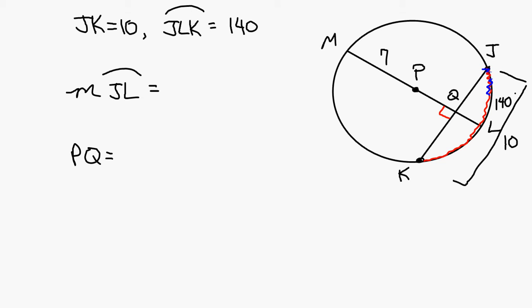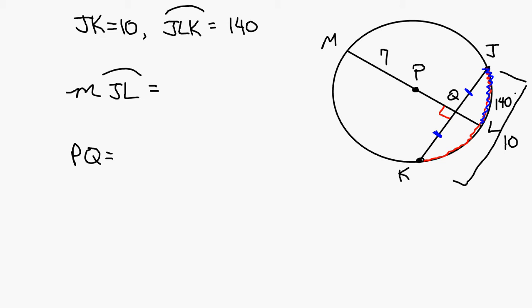Well, you just wrote down a rule that said if a diameter is perpendicular to a chord, then it bisects the chord and its arc. So you've got a diameter, M to L, that's perpendicular to a chord, JK. Since they're perpendicular, then the diameter bisects this chord. So this piece of the chord is the same as this piece of the chord. So each piece of the chord is half of 10, which is 5.